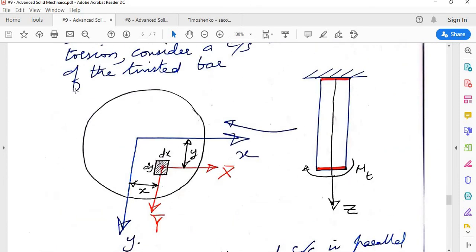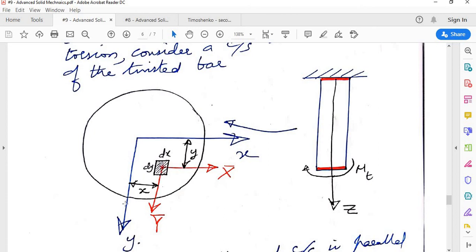Now we have to arrive at an expression in terms of external moment. So what is that moment? Remember, this is just one element, so you have to integrate over it. The moment caused is stress or force into lever arm.